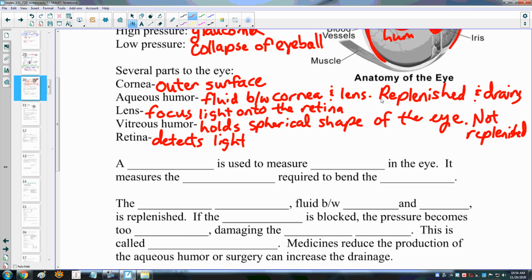A tonometer is used to measure pressure in the eye. It measures the force required to bend the cornea.